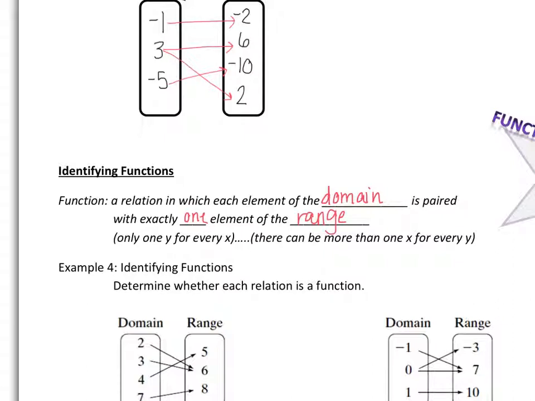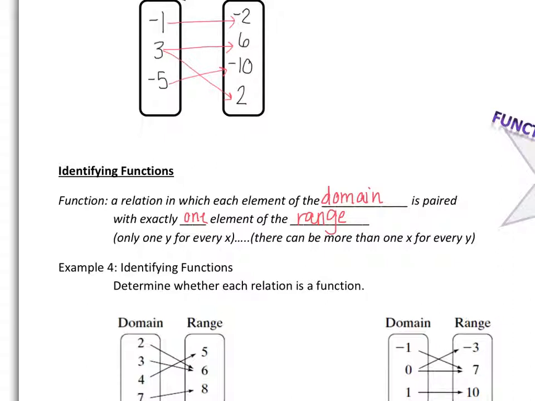Now it's very specific about that. Another way to say that would be only one y for every x. Only one y for every x.